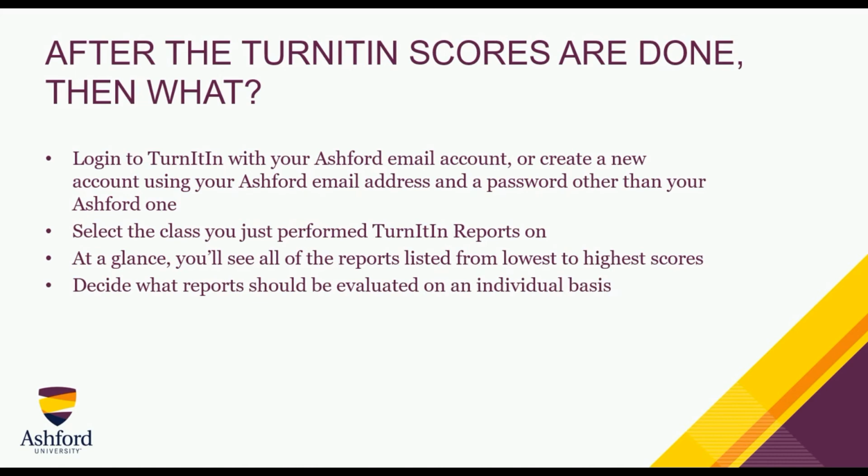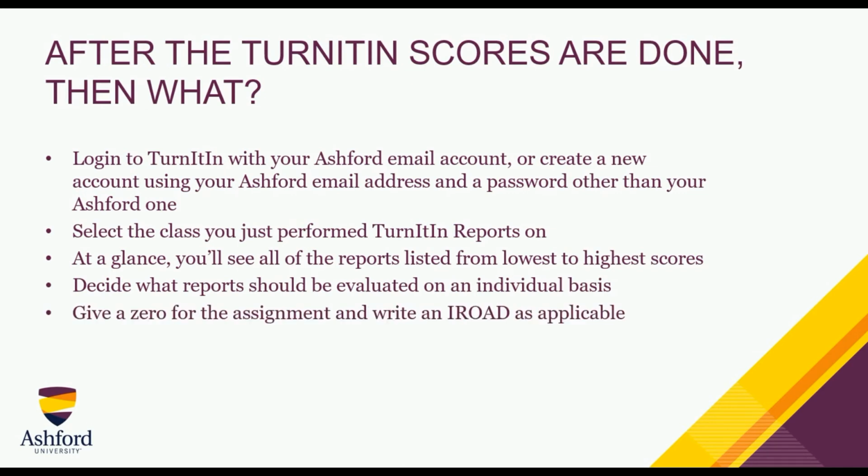Usually if it's over 25%, you'll want to click on the actual report and look at it closer. You might need to give a 0 for the assignments and write in IROAD report as applicable, which stands for Incident Report of Academic Dishonesty. So now we'll look at how to do this.